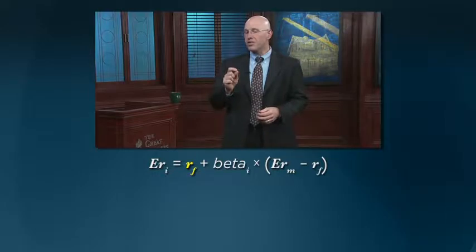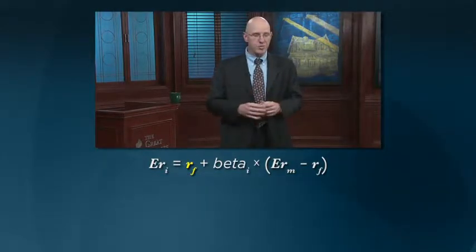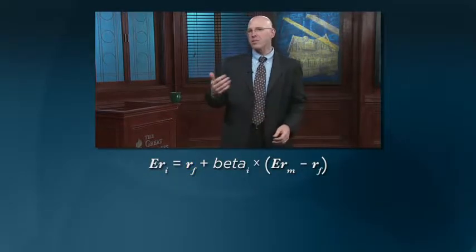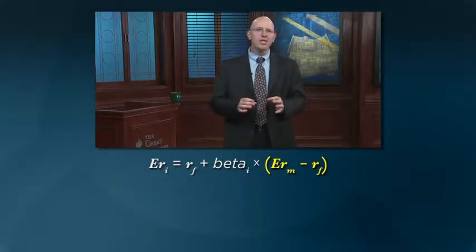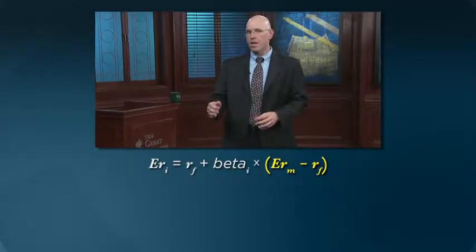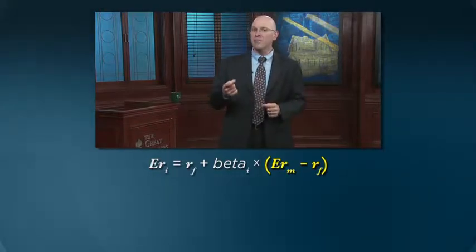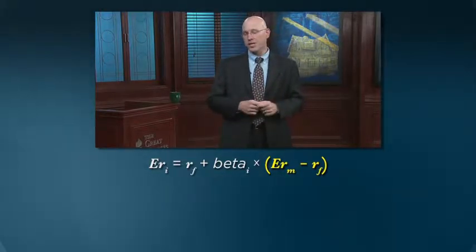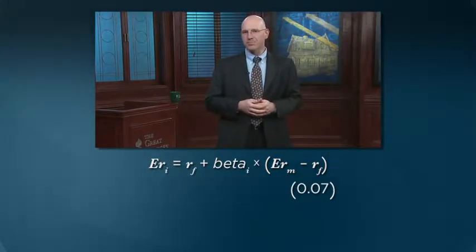The Rf is the risk-free rate, which we usually take to be the return on a 10-year Treasury bond. I've explained what the beta is, and then the final term in the brackets is the difference between the expected return on the entire market and the risk-free rate. This is called the market risk premium, and it's also called the compensation for bearing 1 unit of risk. In other words, that's that 7% I just mentioned.